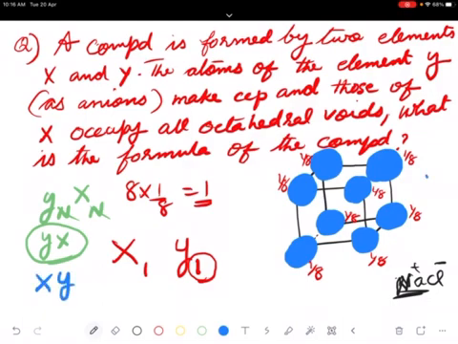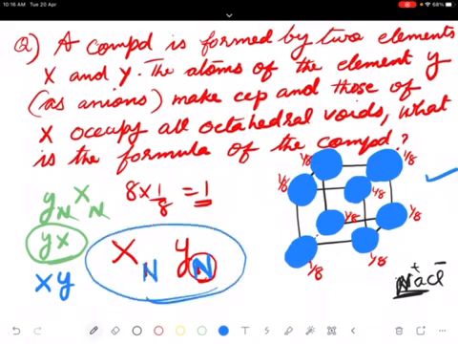Either you can take the unit cell or you can take the total number of atoms. If Y is equal to N, N atoms of Y, then there will be N atoms of X. So here I have taken the entire crystal lattice. Here I have taken the unit cell.